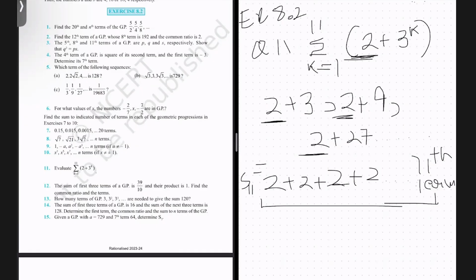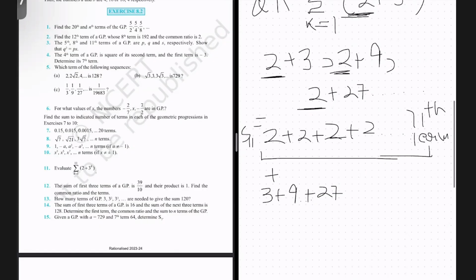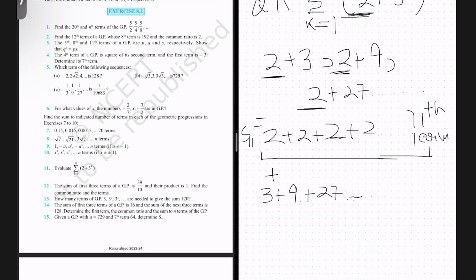So we have 2 added up until 11 terms, and the second term is going to be 3 plus 9 plus 27 up until 11 terms. So in the second term you have 3 plus 9 plus 27, and that also you have until 11 terms, right?